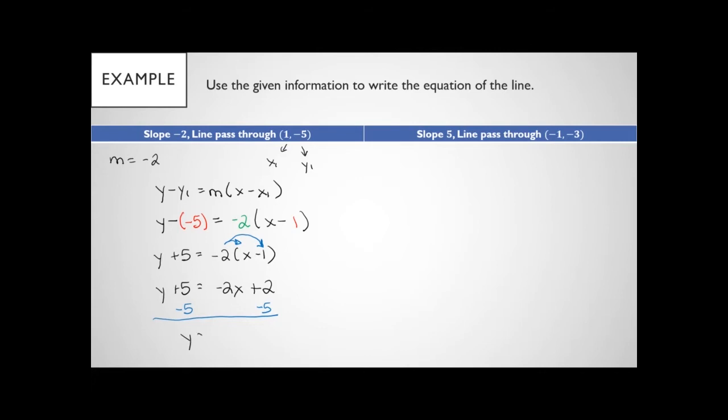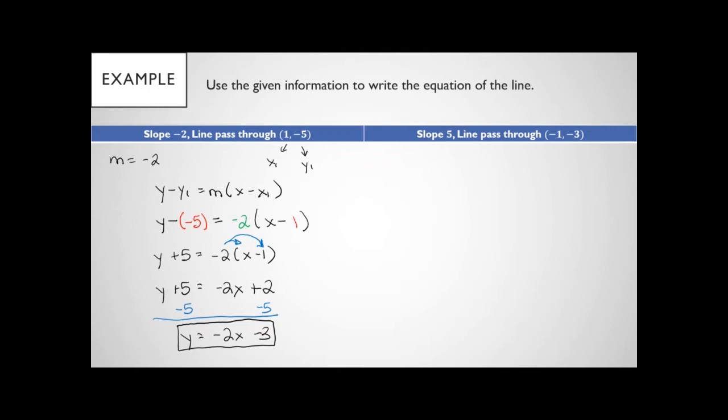And you get y equals -2x, and then 2 minus 5 is -3. And so that is our equation of a line. It has that particular slope and it goes through that single point.